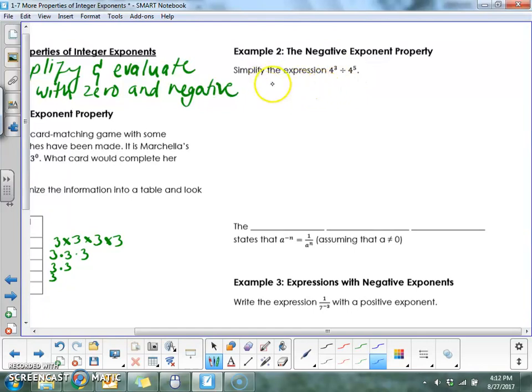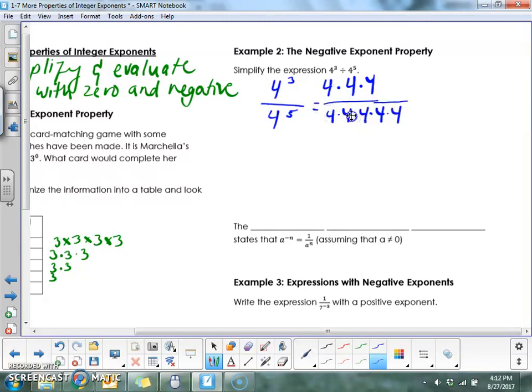We're going to set it up as a fraction, 4 cubed divided by 4 to the 5th power. I'm going to start by expanding it out so we can see what this looks like when all of our numbers are being multiplied together. So I have 4 times 4 times 4 all over 4 times 4 times 4 times 4 times 4.